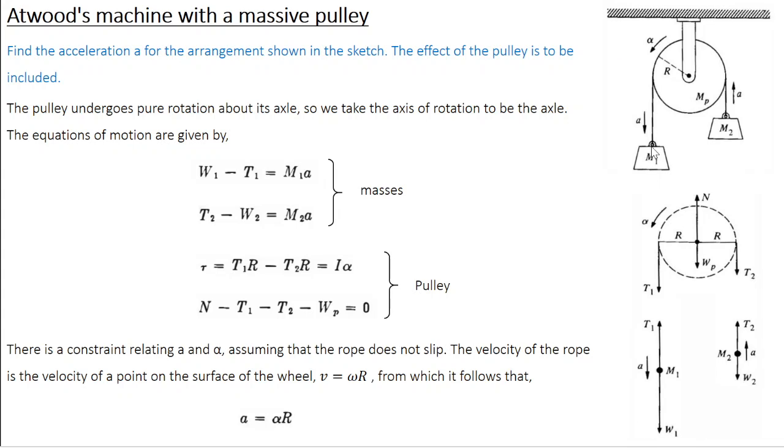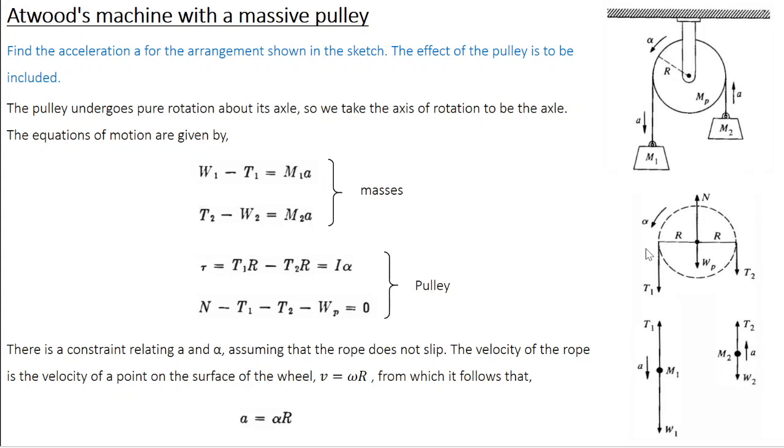It hangs by a thread, so there is a tension T1 acting upward. And of course, the overall acceleration A is downward because m1 is heavier than m2. In the case of m2, weight W2 is acting downwards, tension T2 is acting upwards, and the net acceleration A is in the upward direction.